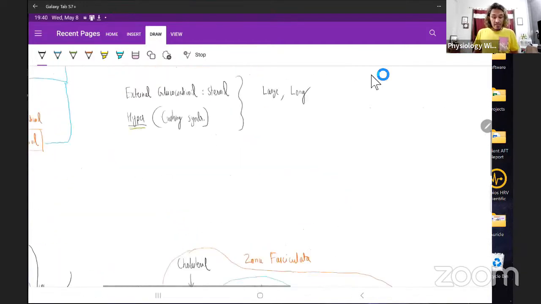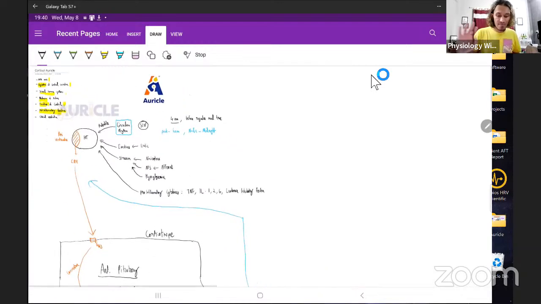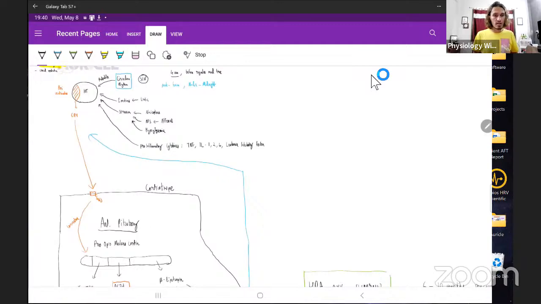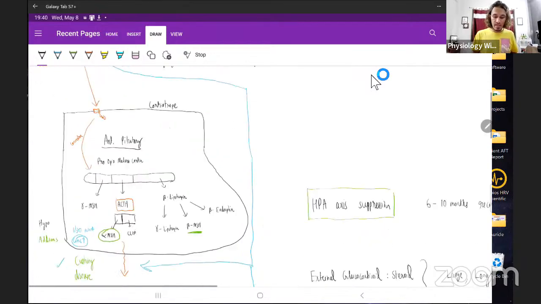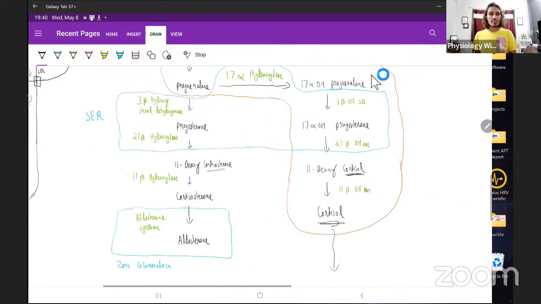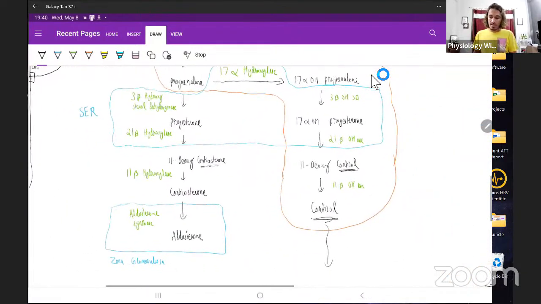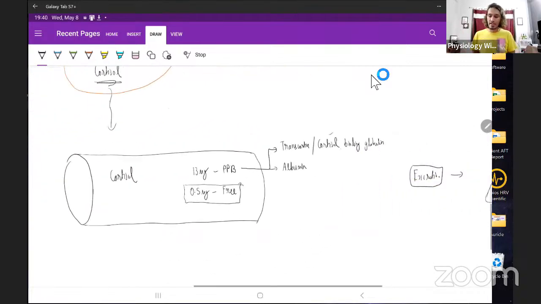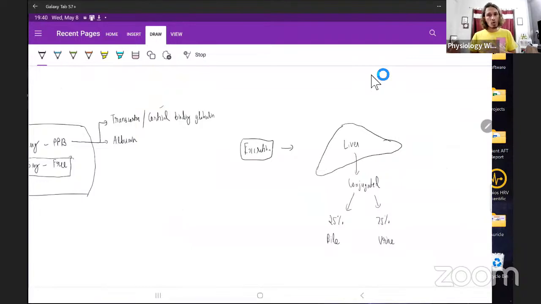So what do we have here so far? We have how your release occurred, the HPA axis, factors that regulate it. Then we talked about how the synthesis and secretion of your glucocorticoids are happening, all the steps that are essential over here. Then we briefly talked about how much is bound, how much is free, and how it is excreted.